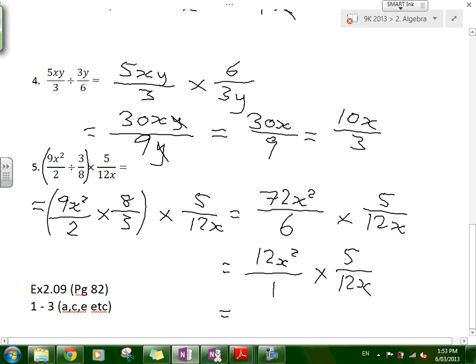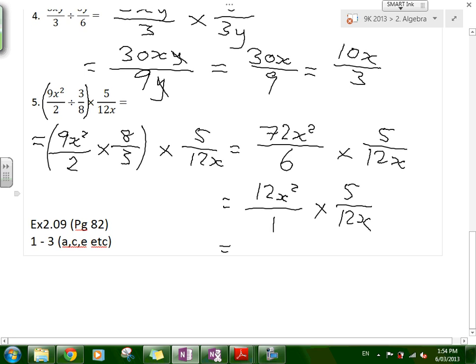Now multiply this together. What do I get on the top? So 12x squared times 5, what's that? Yeah, 60x squared. And then what's in the denominator? 12x. Now what cancels out here?